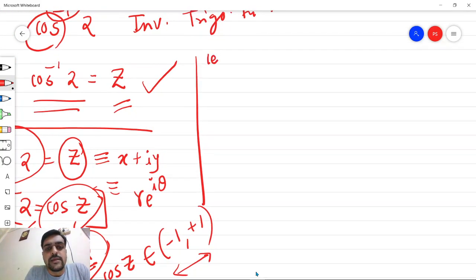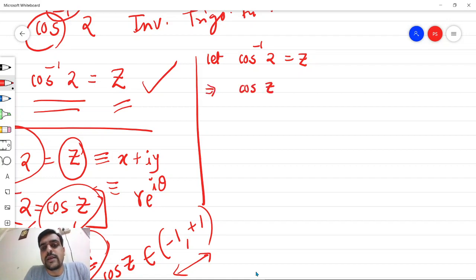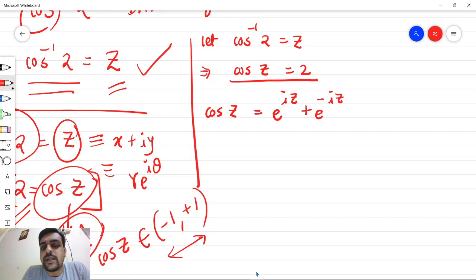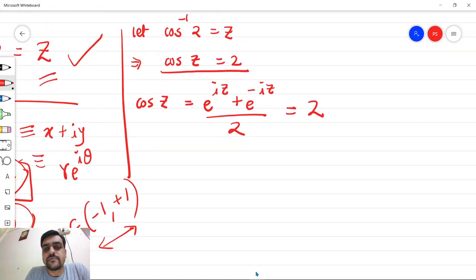So let this cos inverse of 2 be equal to z, which means that cos of z equals 2. Now at this step, we remember the formula for cos z, which we have already discussed, is equal to e raised to iz plus e raised to minus iz divided by 2. And in this case, this is equal to 2.